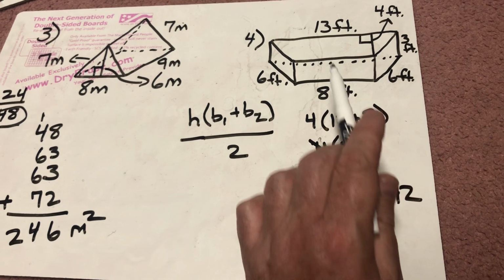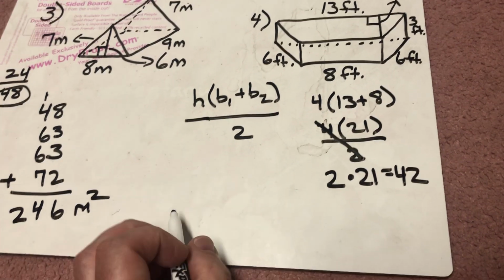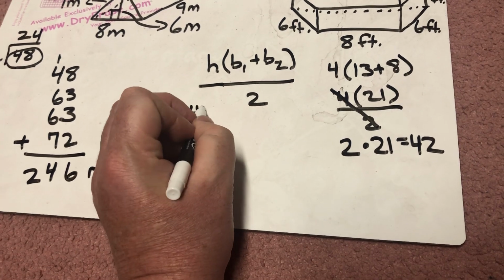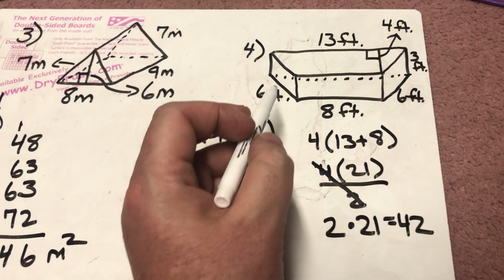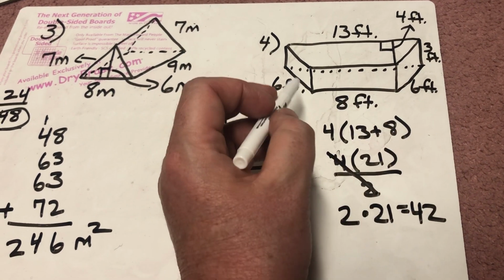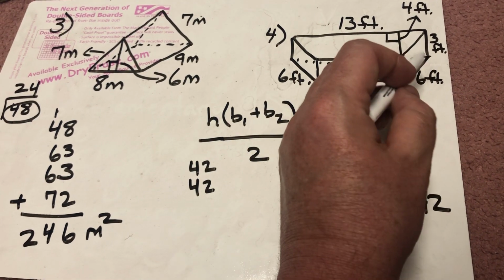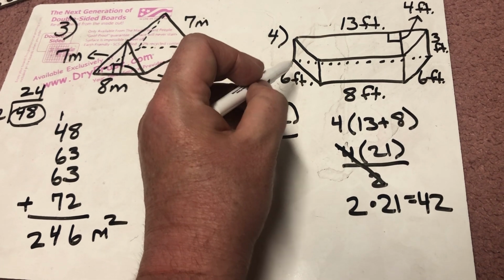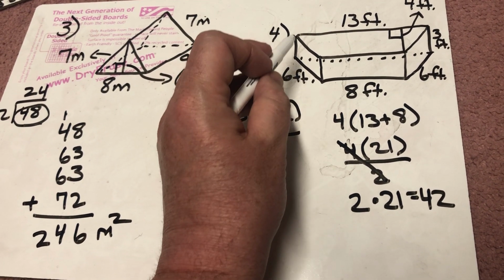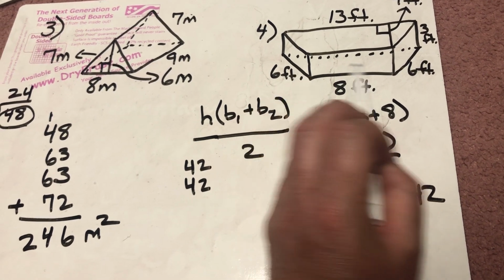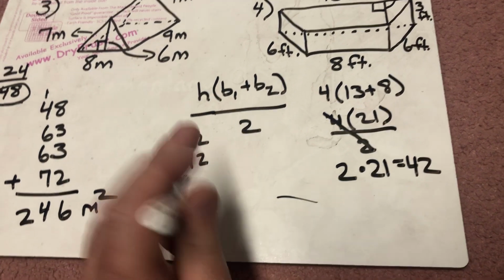So one trapezoid is 42, the bottom trapezoid is 42. I can have 42 and 42. Now, these two rectangles here, 6 times the height, I can see over here is 3, which tells me over here is 3. So it's going to be 6 times 3, which is 18. But if this one is 18, then that one also has to be 18.